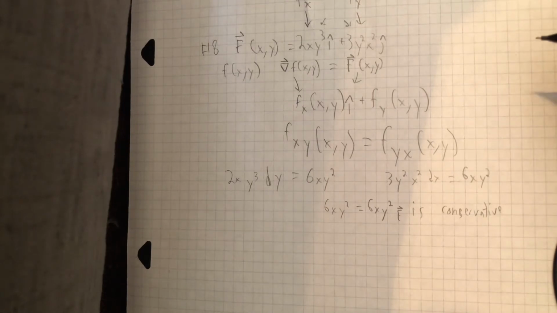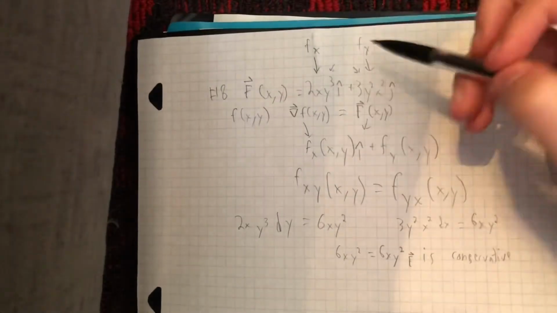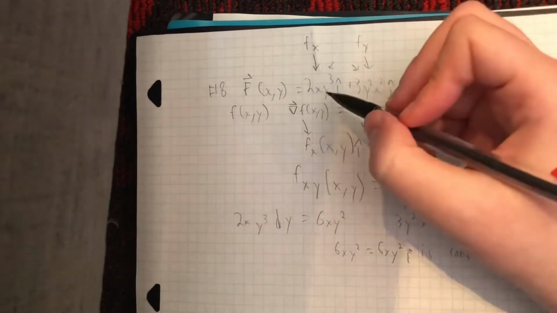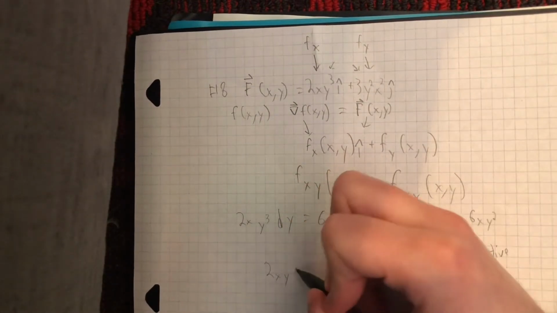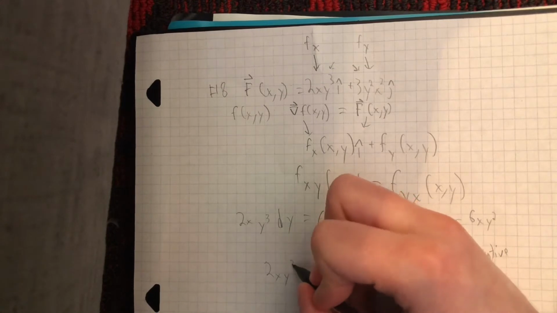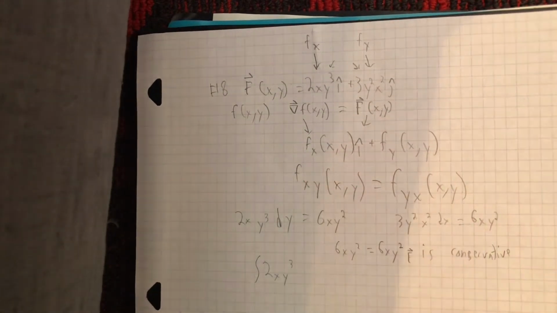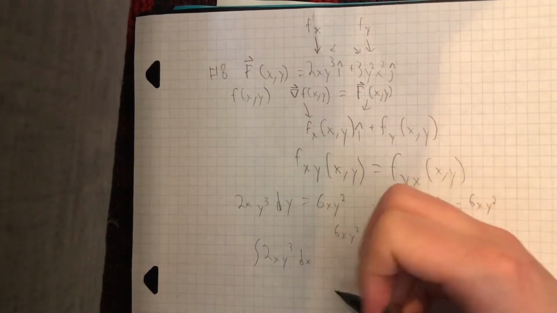So what we're going to do is take the integrals of these partial derivatives up here to try to find the original function. If 2xy cubed is our f sub x, then we're going to want to take the integral with respect to x so that we can try to get the original function.